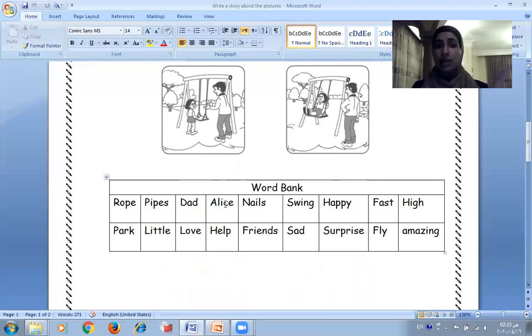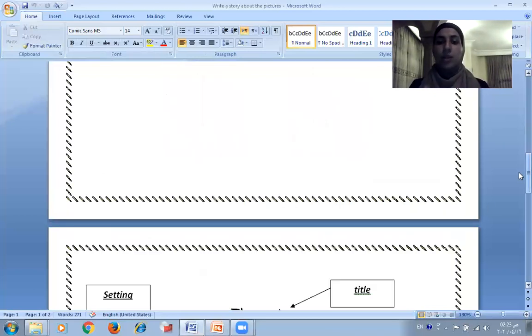Of course, I named the girl Alice, but you can name her Suha, Maha, Lana, whatever name you want is just fine. Swing, happy, fast, high, amazing, fly, surprise. So you have a mixture of words. You have nouns, verbs, adjectives. You should include all of the words in your sentences.